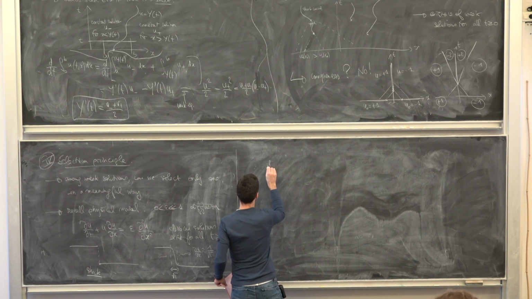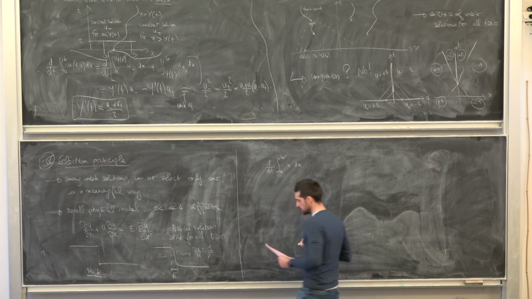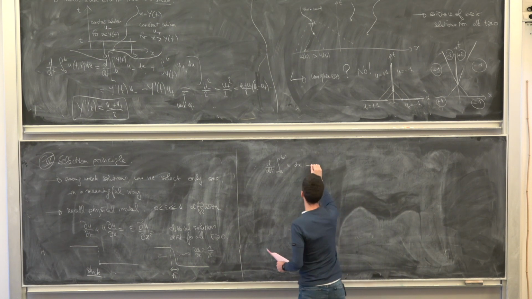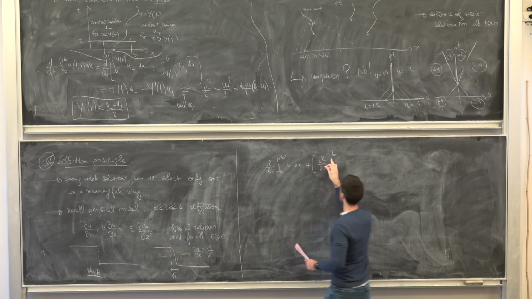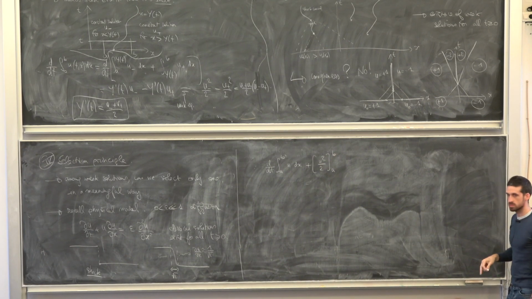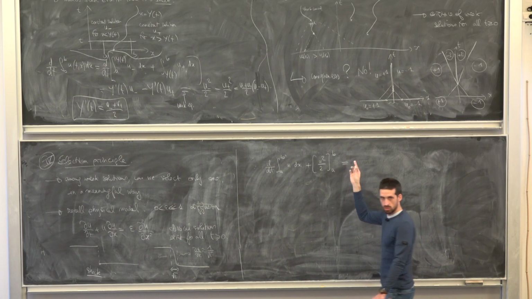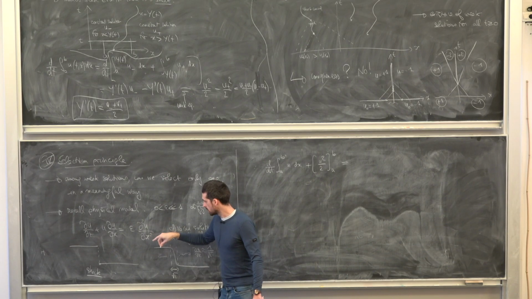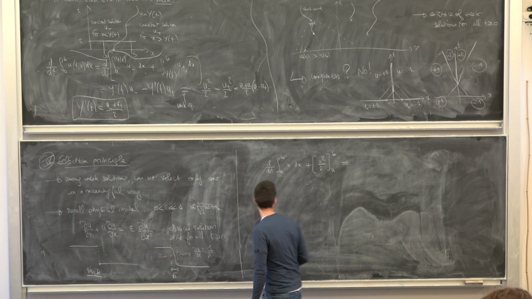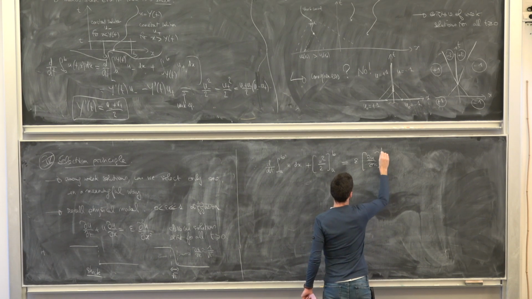It came from d/dt of the integral of u between a and b, plus u squared over 2, the value at b minus the value at a. This was the equation we wrote before, and then we wrote equals 0. But now if we have an epsilon, what does it become? Well, you have to integrate this from a to b, so you will get epsilon times the value of du/dx between a and b.